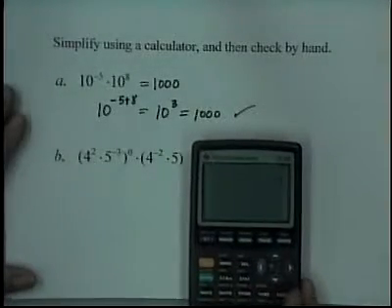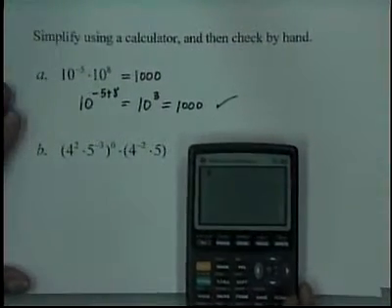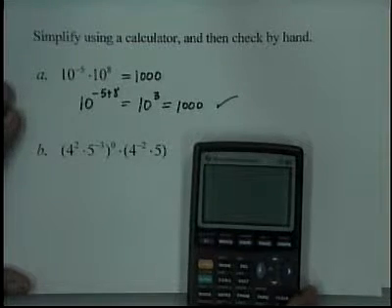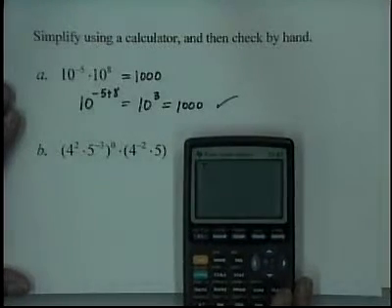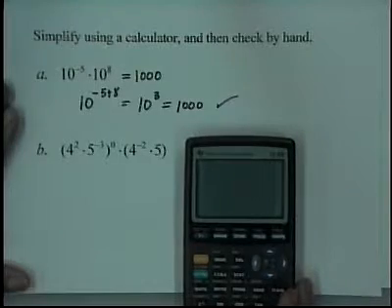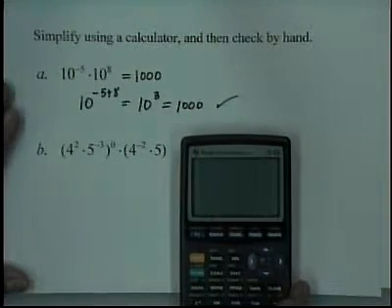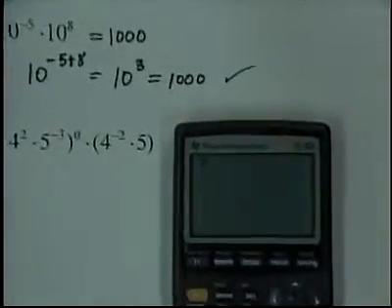The next problem reads 4 squared times 5 to the negative 3, all of that to the 0 power, times 4 to the negative 2 times 5. Well, let's enter that on a calculator.